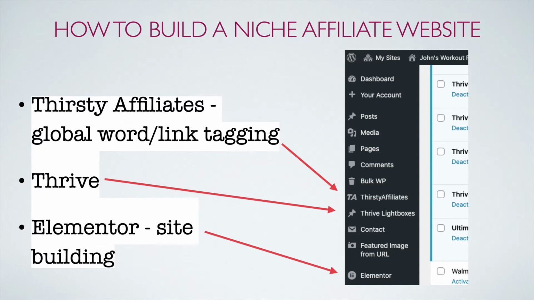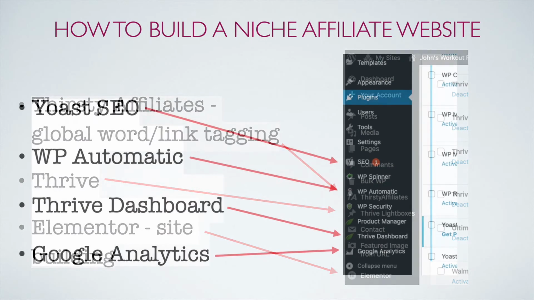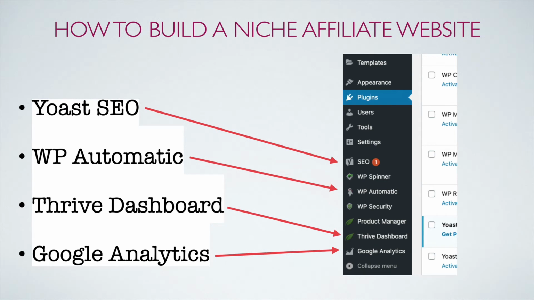We're going to use Thrive in various forms. We're using the Elementor site building plugin because it makes life a lot easier to build your site. We're using Yoast SEO because it does help you with your SEO. We're particularly using WP Automatic, which is a great way of bringing in content to your site automatically. You'll see the Thrive dashboard is installed there, and we're using Google Analytics, so we're going to link the site up to Google Analytics as well.